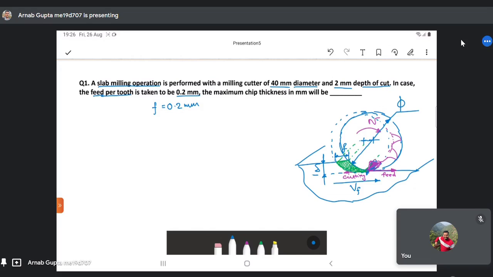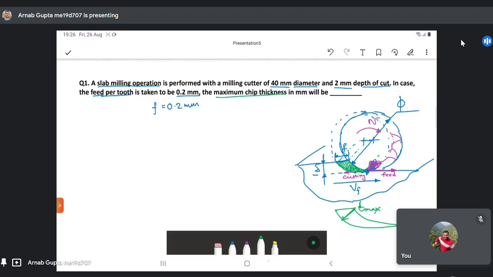So you can see here that the chip thickness is varying from minimum, say that is 0, to a particular value here, that is maximum. So if you draw the chip here, it will be somewhat like this. So this will be your maximum chip thickness, T max, that you are being asked to calculate here.